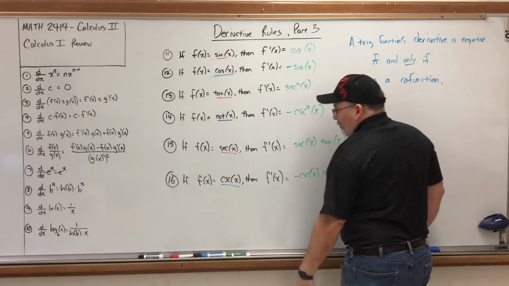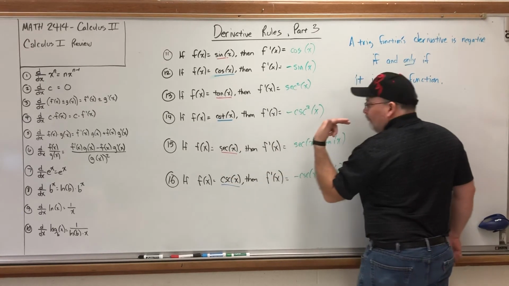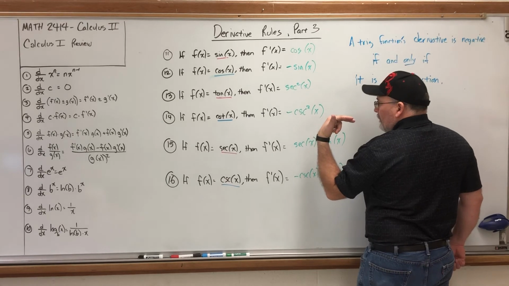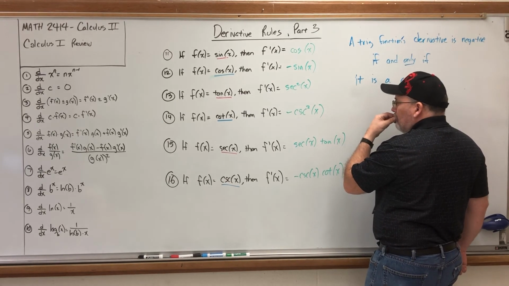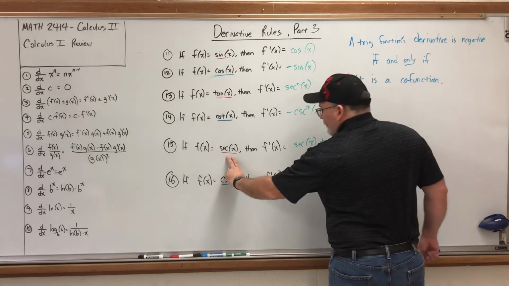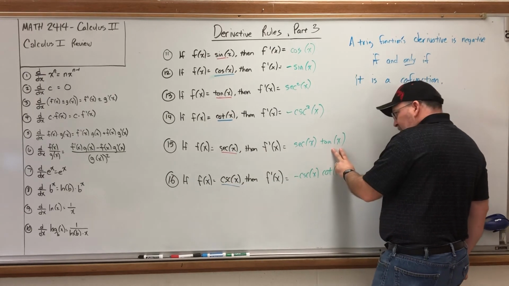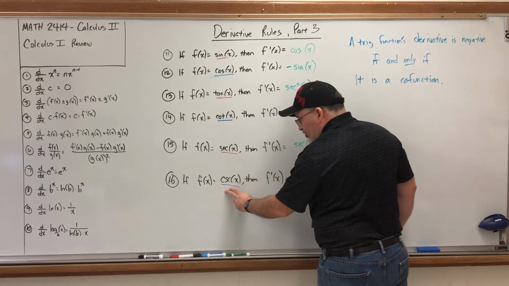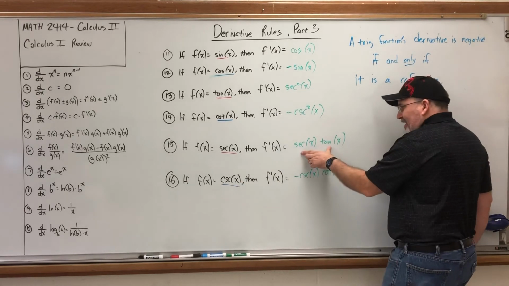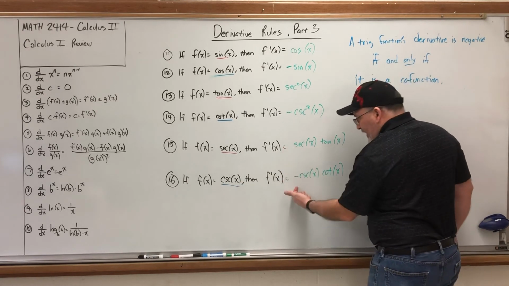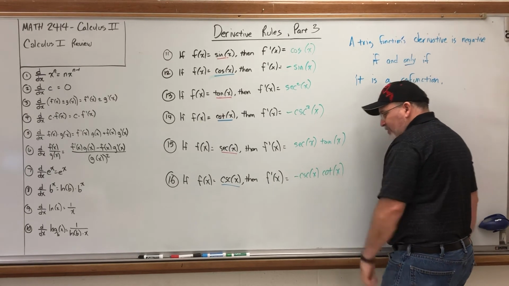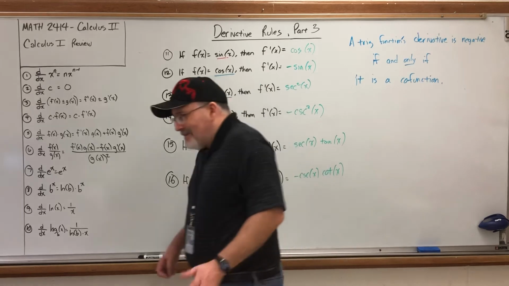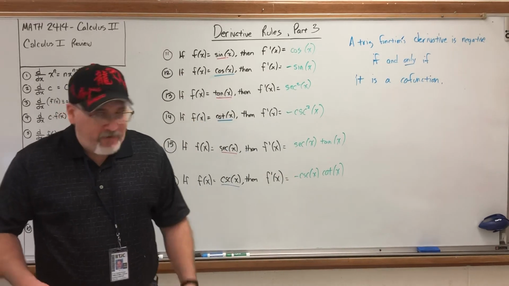And the same thing here. If the derivative of secant is secant tangent, then the derivative of its cofunction, cosecant, you stick a negative and take all the cofunctions. The cofunction of secant is cosecant, the cofunction of tangent is cotangent. It's actually easier to do than I think I'm saying right now.